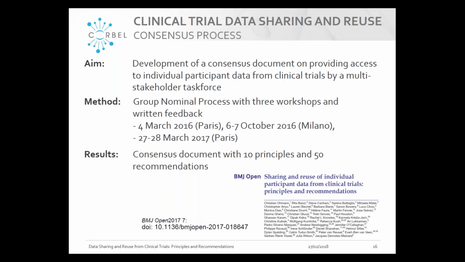This allows getting adequate input from all the participants. And the consensus document was then put together in a publication, which came out at the end of last year in the BMJ Open journal. So now I want to hand over to Rita Banzi.